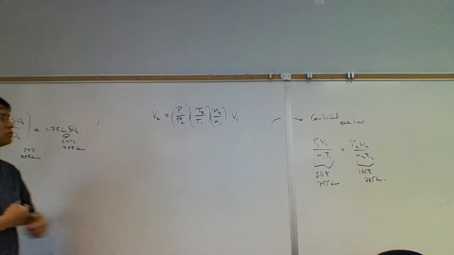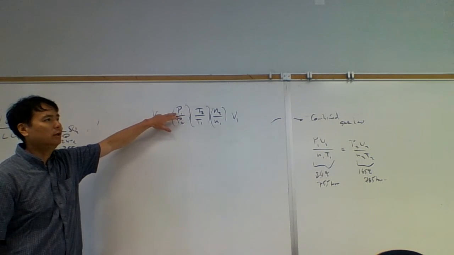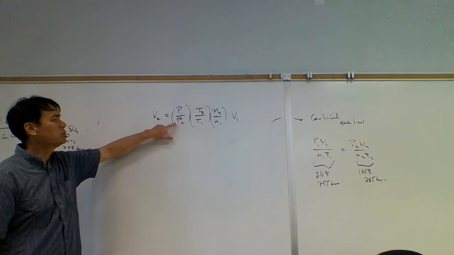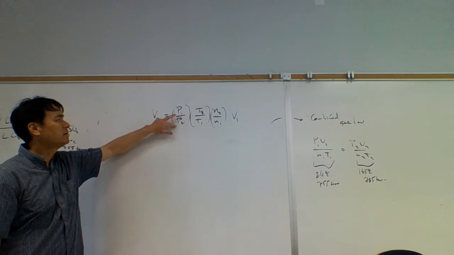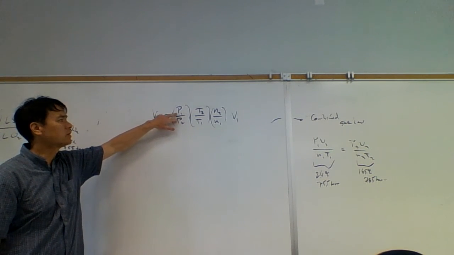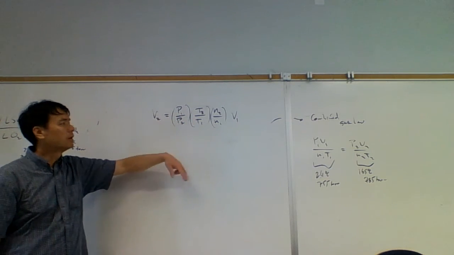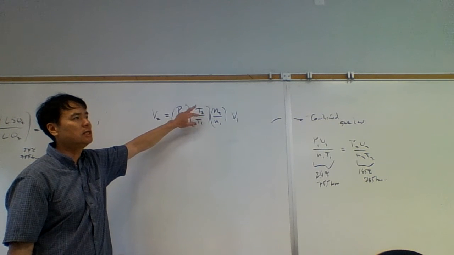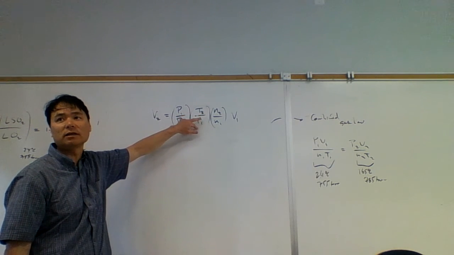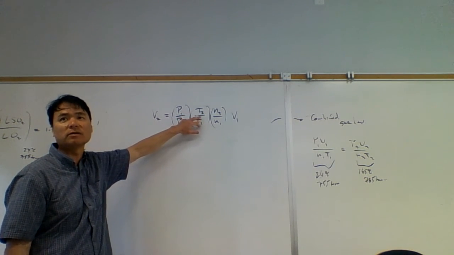Let's look at the first ratio, P1 and P2. P2 is bigger than P1. Do you see that? That means if P2 is bigger, it's going to shrink the volume. Then let's look at the next ratio, T2 versus T1. T2 is bigger than T1, that's going to increase the volume.